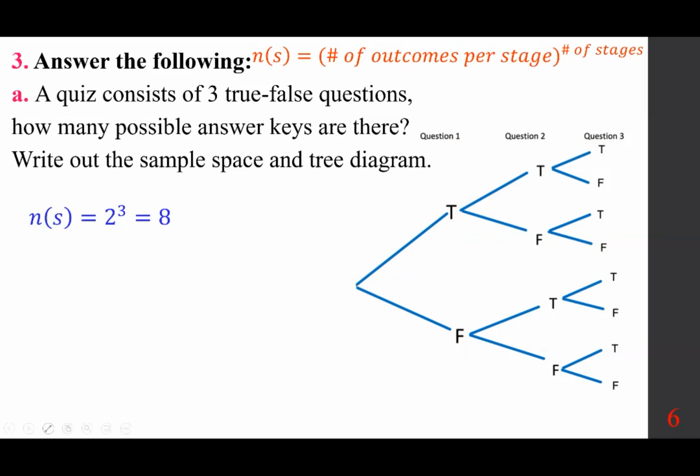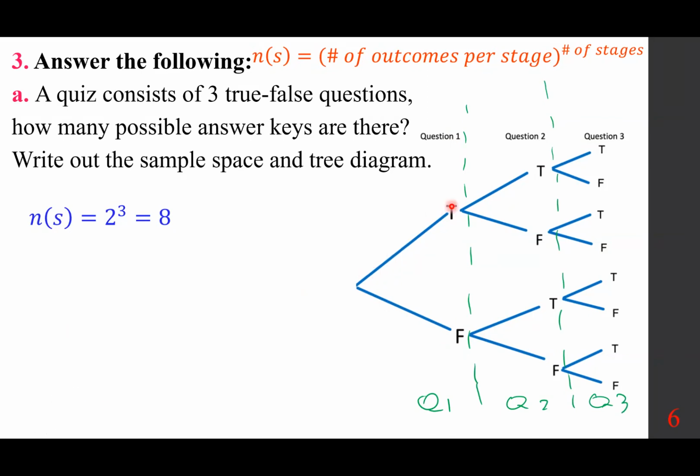So this is the first stage or the first question. This is the second stage or question number 2, and this is the third stage or third question.